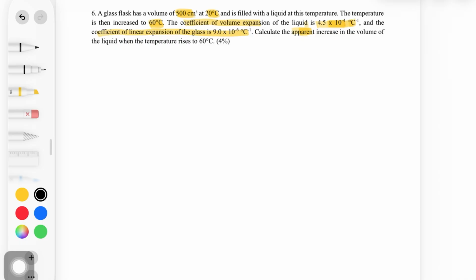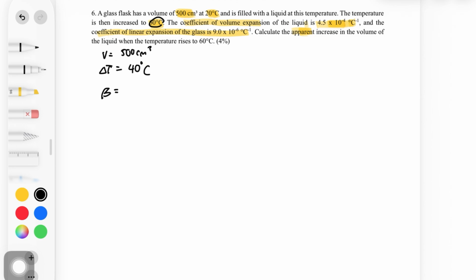So we need to label all things down. The first thing we know is that the volume of the glass is 500 cm cube at 20, and it increases to 60. So the change in temperature is 40 degrees Celsius. The coefficient of volume is beta.